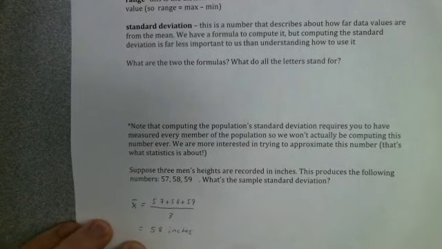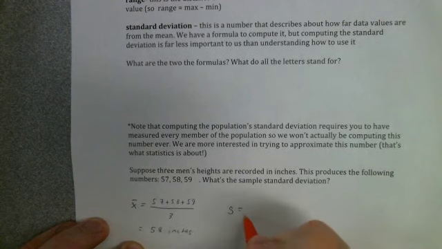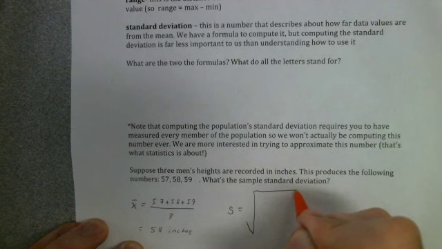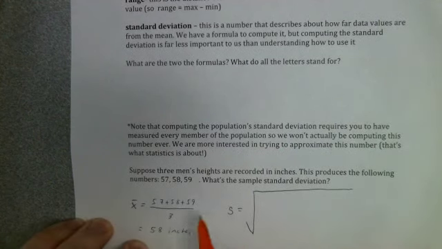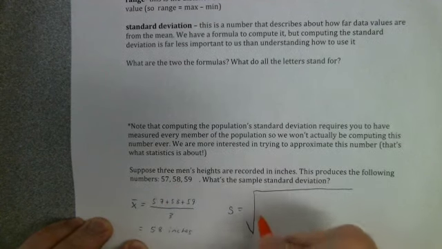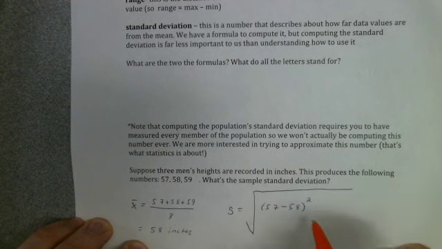All right, now to find the sample standard deviation, our S, according to our formula, we're supposed to take the square root of a whole bunch of stuff. What we're supposed to do is take each data value, subtract the mean from it, square it, add it up. So our first data value is 57. We take 57, subtract 58, then square it.